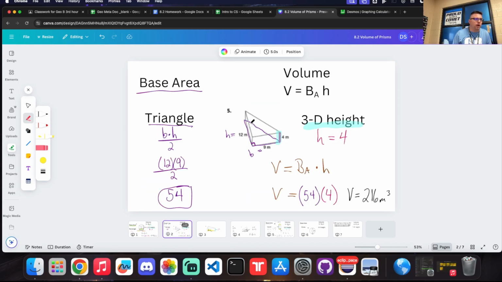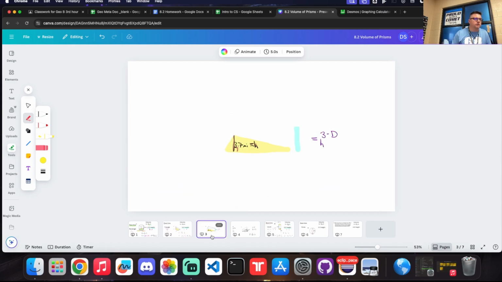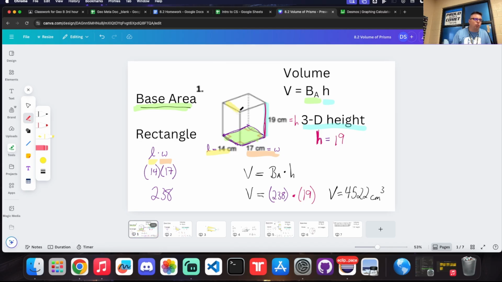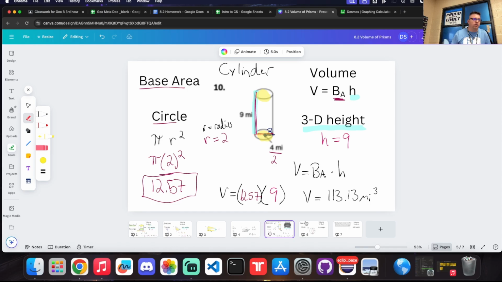If we look at our triangle, base area should match the bottom with the top. Same thing here and here. It's easier to see if they're completely separated. But you see that shape on the top and bottom. You see that rectangle on the top and bottom. And with a cylinder, you definitely can see it because it's the only shape you really can identify in a cylinder because it's rounded all the way around.